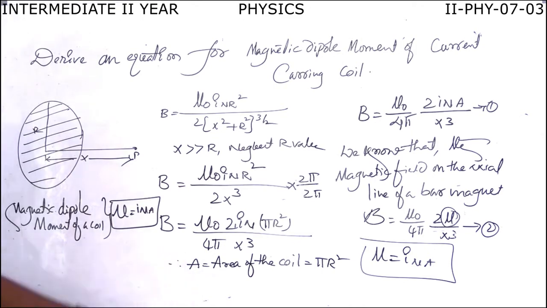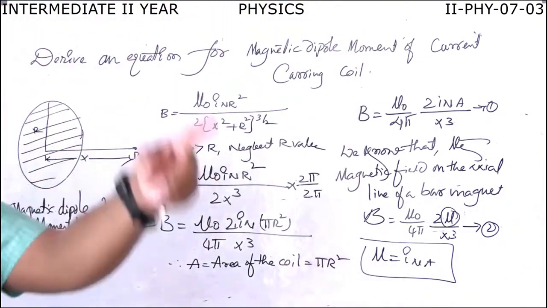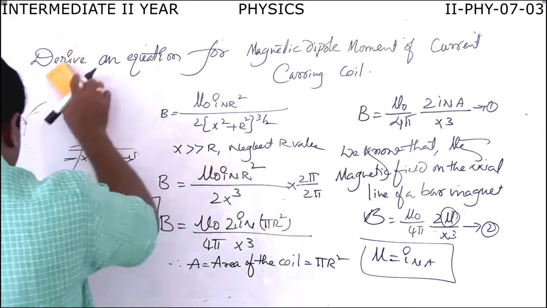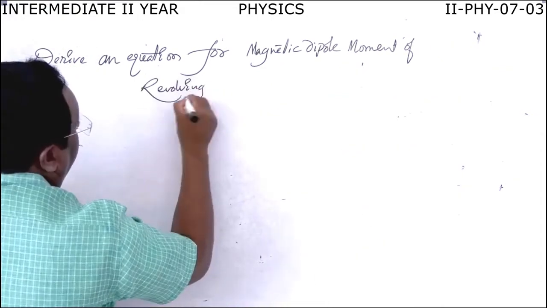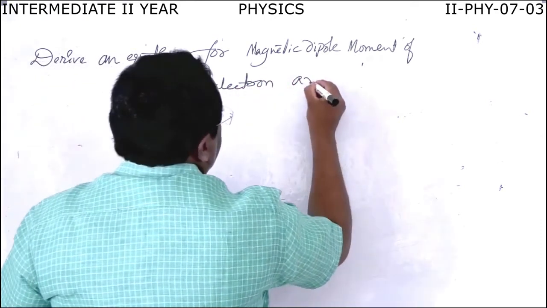Again, by the same inspiration, we can also find the magnetic dipole moment of a revolving electron around a nucleus.